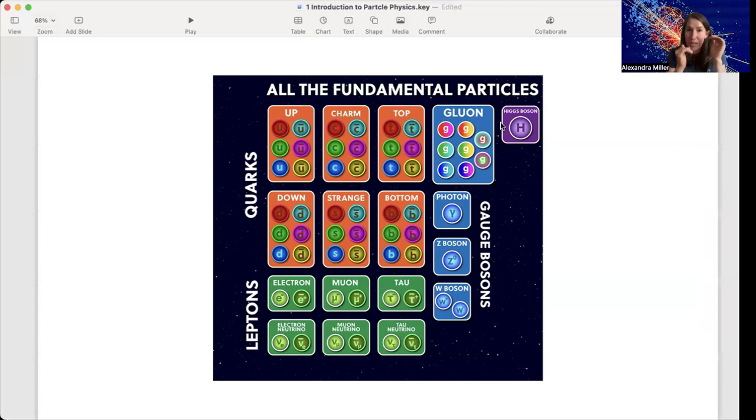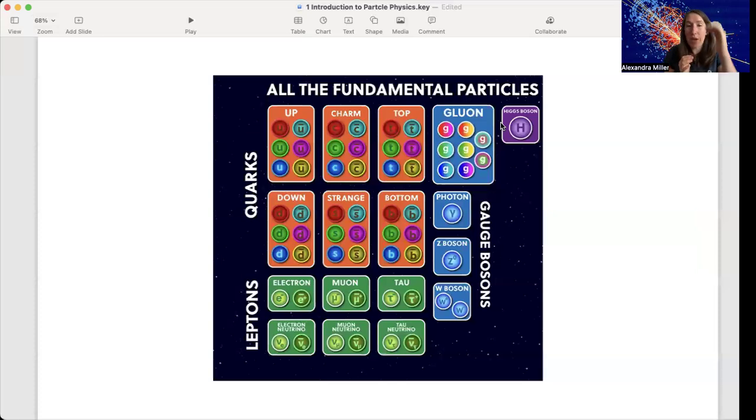So we have these 3 different types of ups, and then these 3 anti-ups, which are said to have anti-red, anti-green, and anti-blue color. And that's going to be true for all of our quarks. So really, there are 6 down quarks, or you might say 3 downs and 3 anti-downs is probably more precise language.